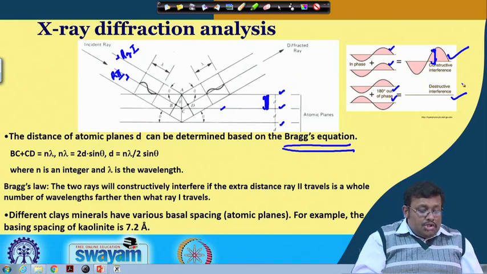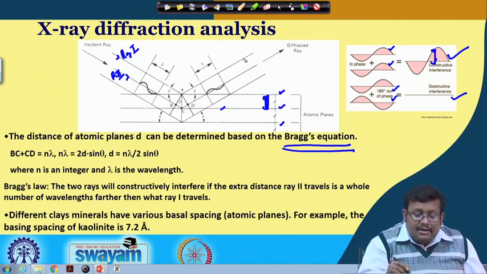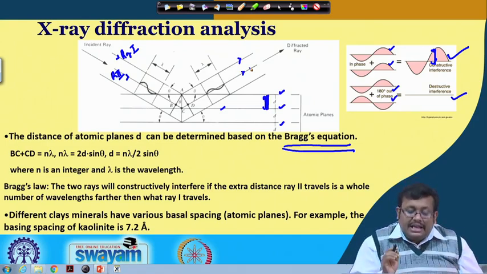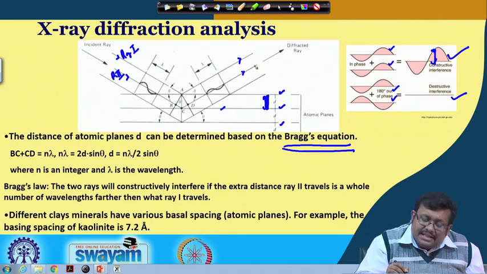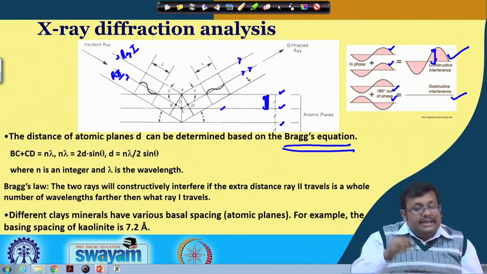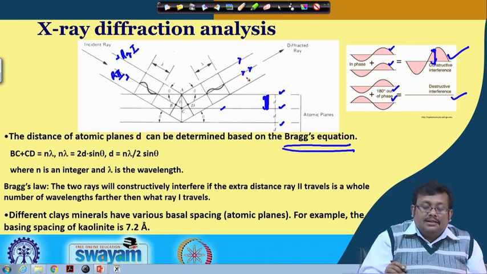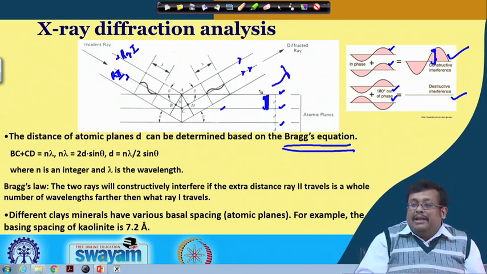So, here you can see this is ray 1 and this is ray 2. These two rays can only constructively interfere if the extra distance travelled by ray 2 is an integer multiple of the wavelength of the incident rays, and the wavelength is lambda.